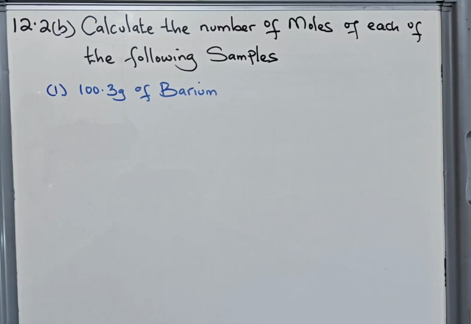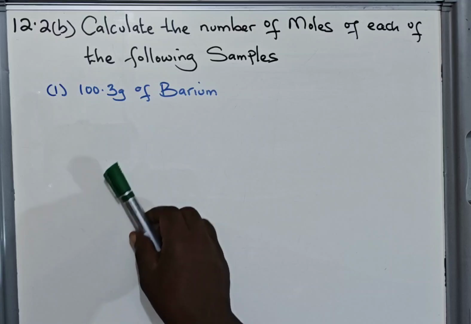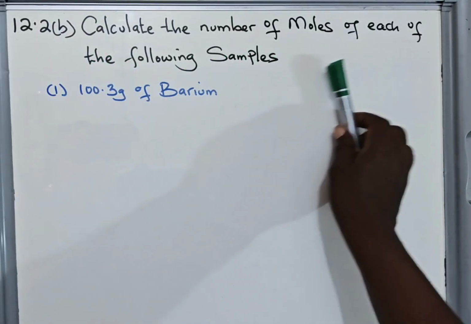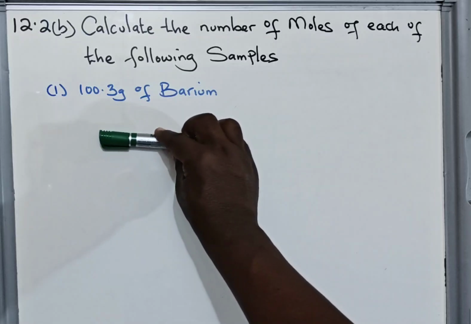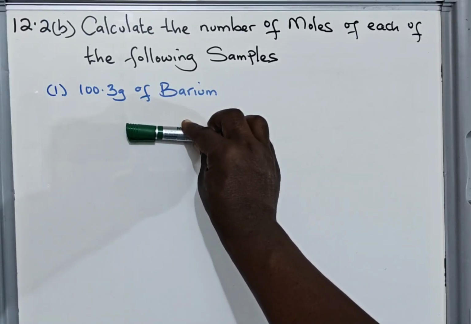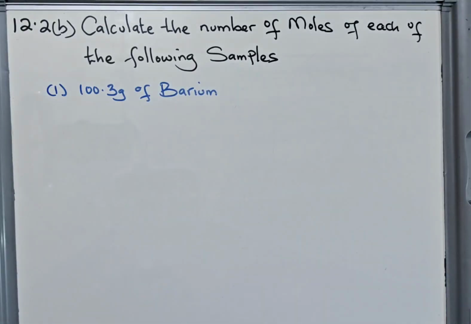Then we come to this question. It says calculate the number of moles of each of the following samples. The first one is 100.3 grams of barium. How do we go about that?